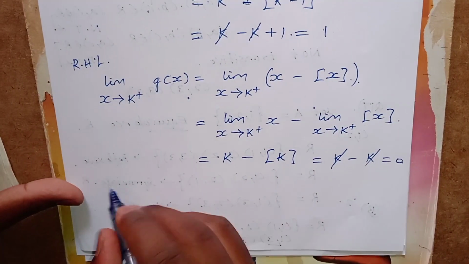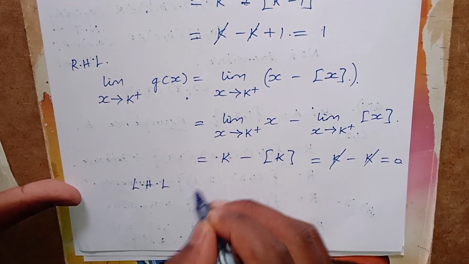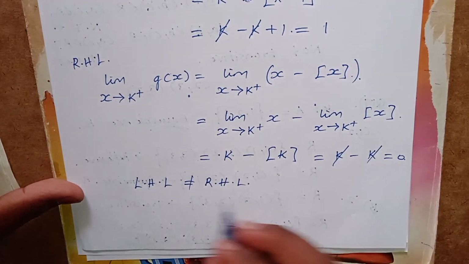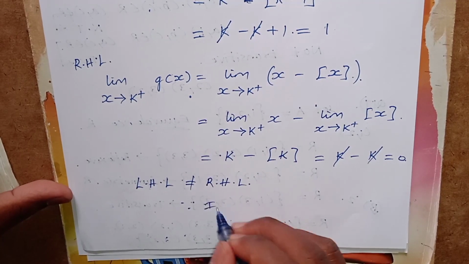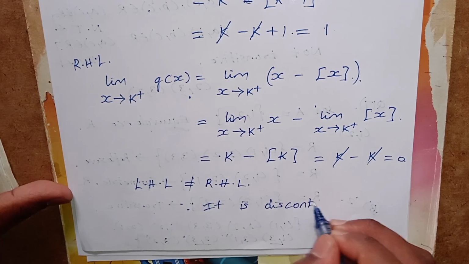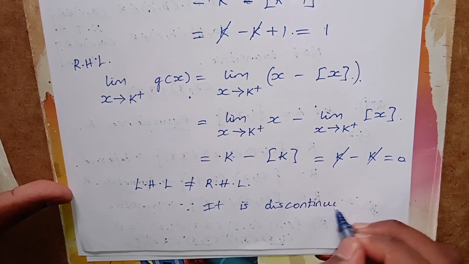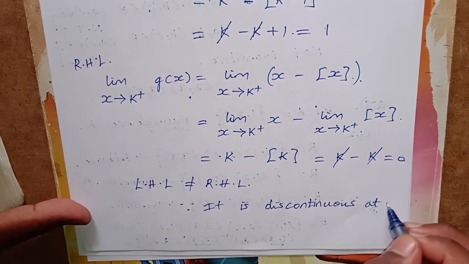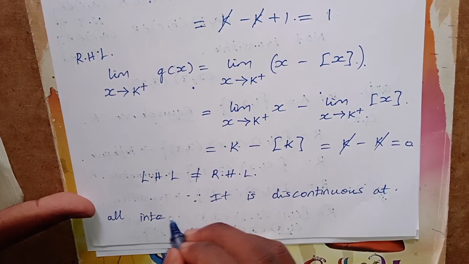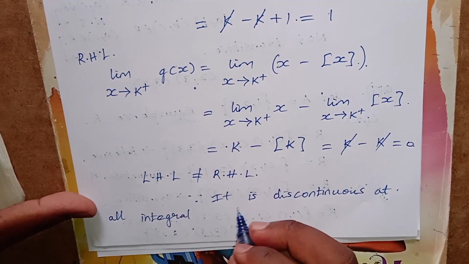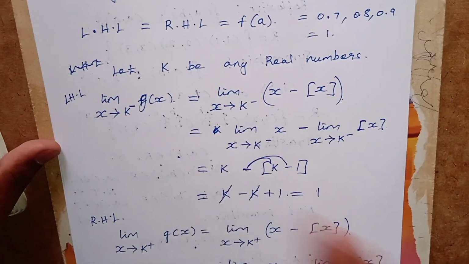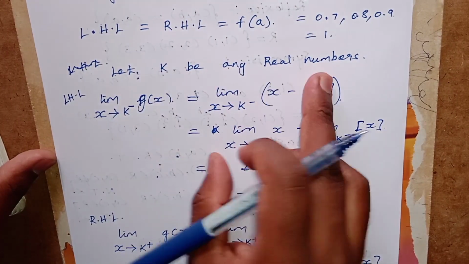Therefore the left hand limit is not equal to the right hand limit, therefore it is discontinuous at all integral points, because we have taken k to be any real number.